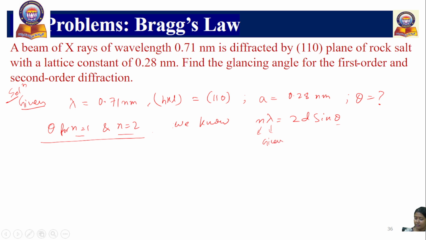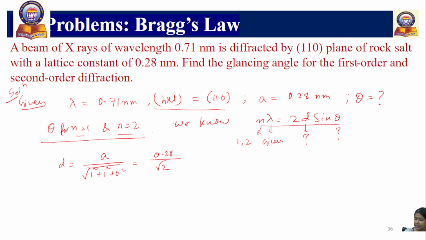But do we know the value of d? We do not know the value of d. How to find it? Because we know the value of HKL, we can find d. d equals a by square root of h square plus k square plus l square. a is 0.28, divided by root 2. So that is the value of d.